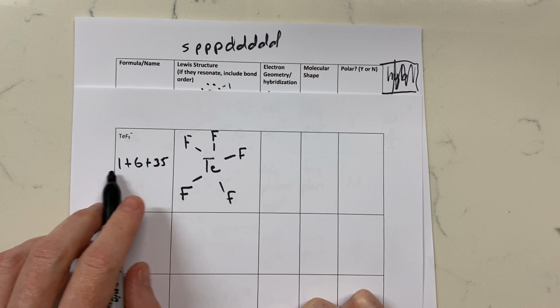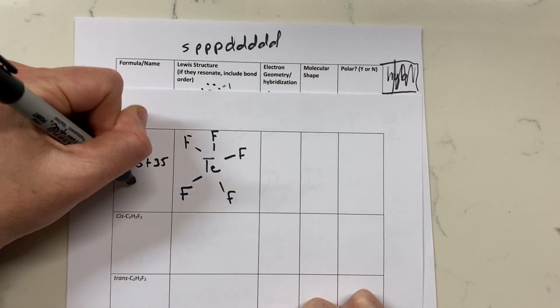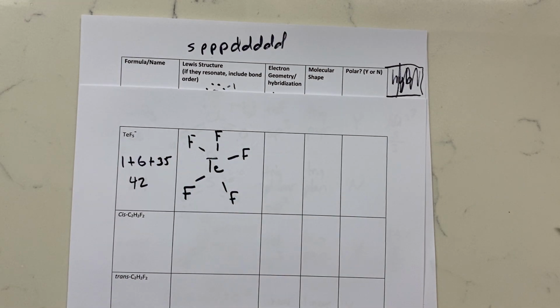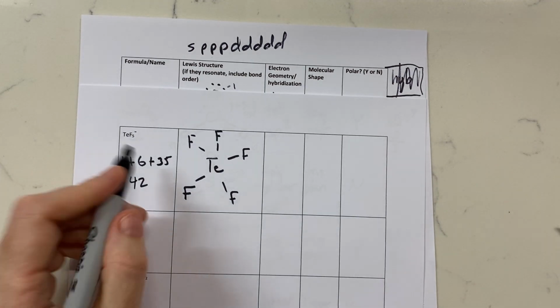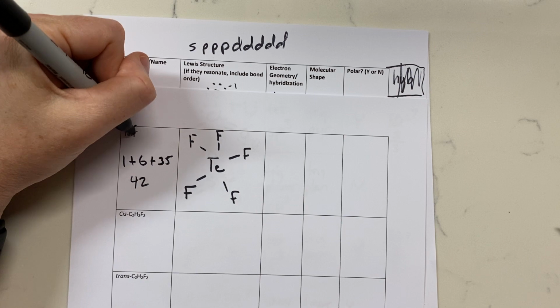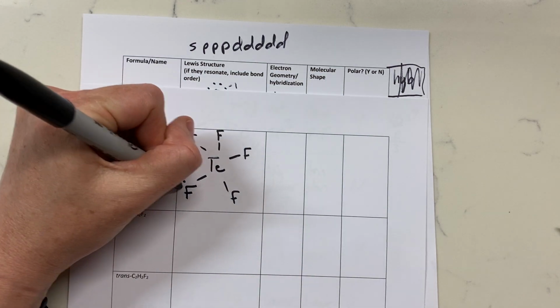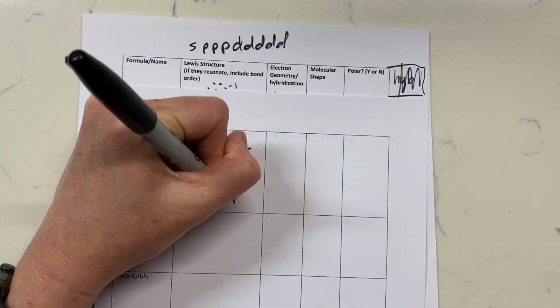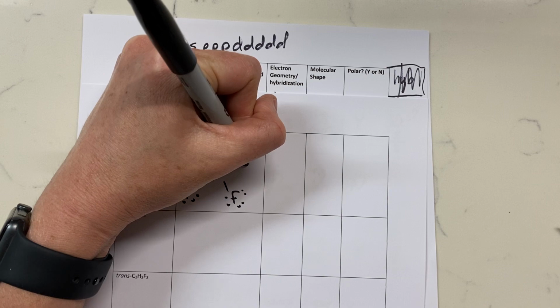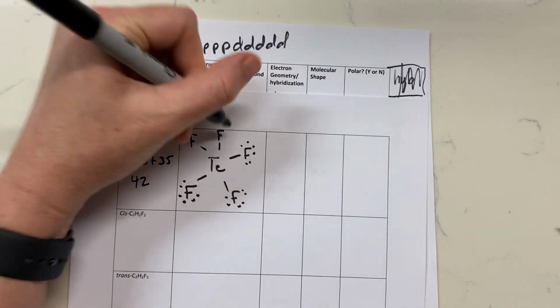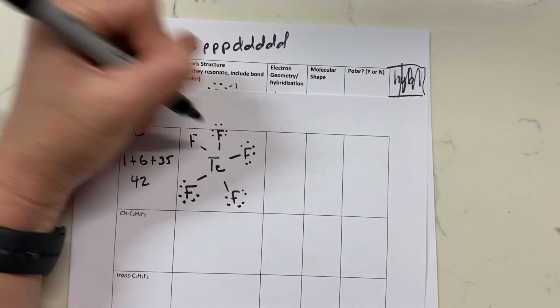So 7 plus that is 42 total electrons that we want to have. Now, it has an overall negative charge. So let's go ahead and see what we can do. Let's give everything an octet. But that negative charge tells us that the formal charges must add up to be -1.